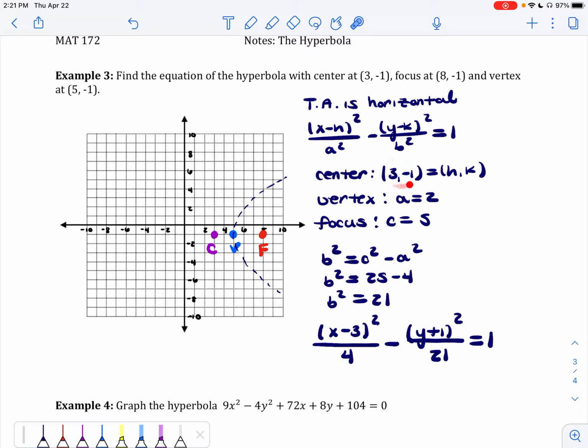Just plugging in the 3, -1 for our h and k, plugging 2 in for our a, so 2 squared is 4, and then plugging in the 21 for our b squared. So that is going to be our final answer.